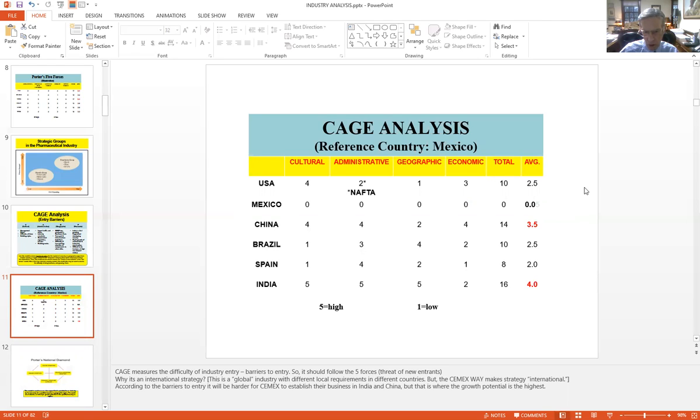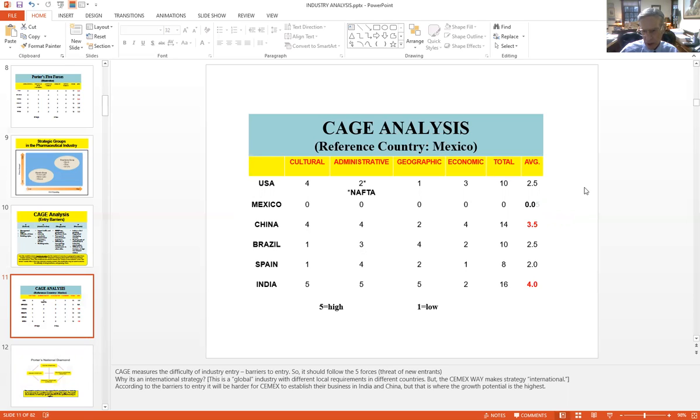And so the distances for Mexico are 0. Instead, every one of the other lines on this table represents the strength of so-called distances or difficulties in locating business from Mexico to another country.